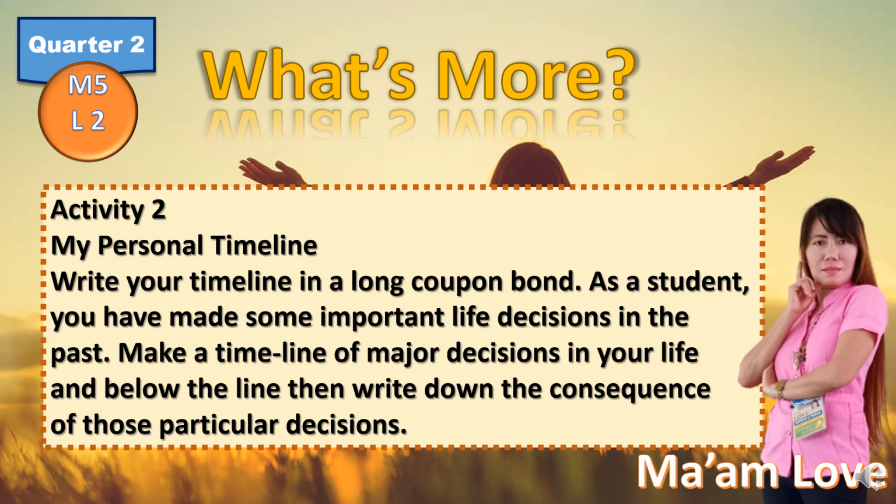Okay, for Activity 2, for what's more, you're going to make your own personal timeline on a long Kanban. As a student, you have made some important life decisions in the past. You're going to make a timeline of major decisions in your life, and below the line, you're going to write down the consequence of those particular decisions.